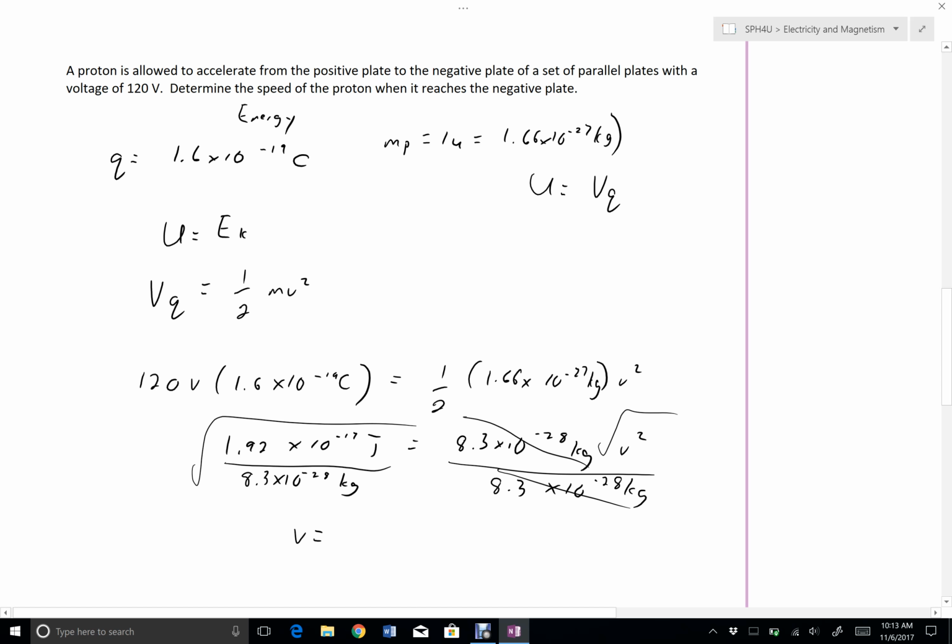So the velocity of my proton at that other plate is 1.52 times 10 to the 5 meters per second. So that's using energy.